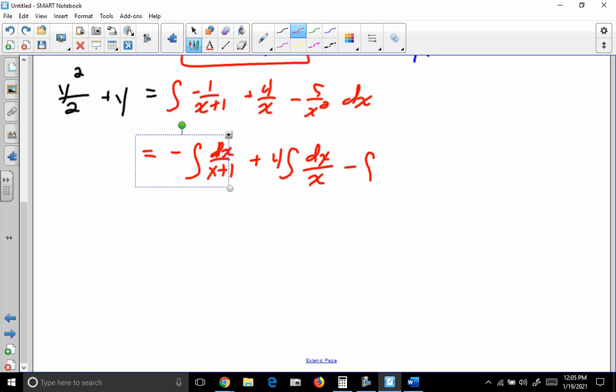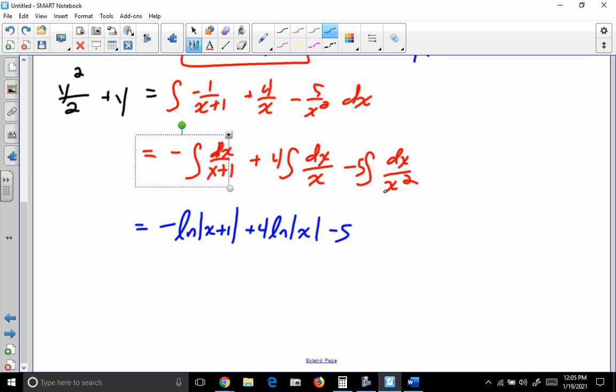And then we can pull the 5 out front, call that dx over x squared. So this is just du over u. This is the derivative of that. So du over u integrates into natural log absolute value of u. Same thing here. Du over u integrates into natural log absolute value of u.